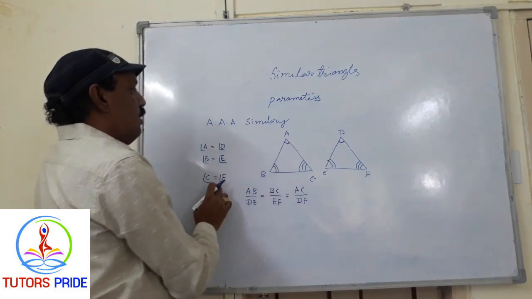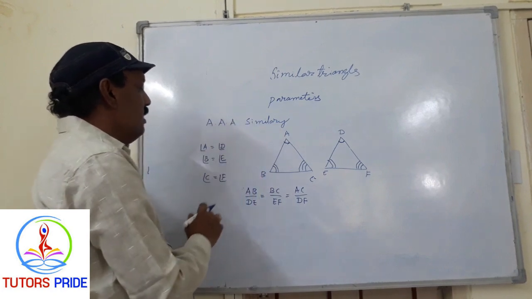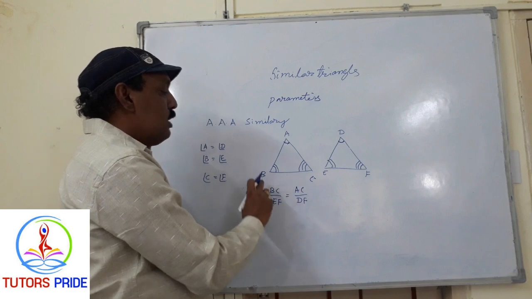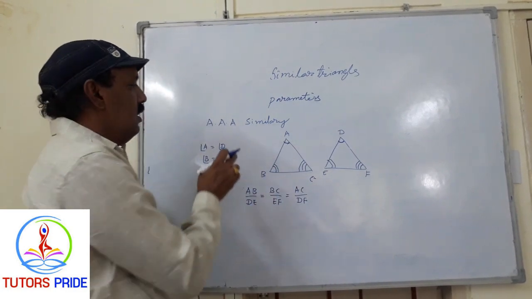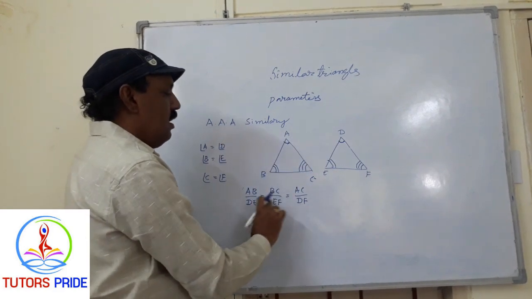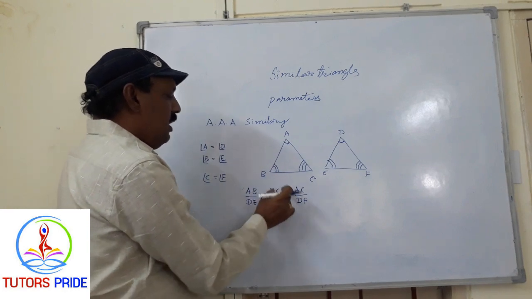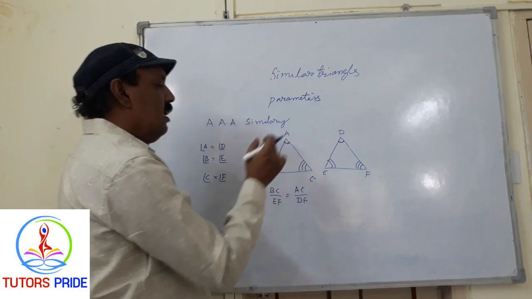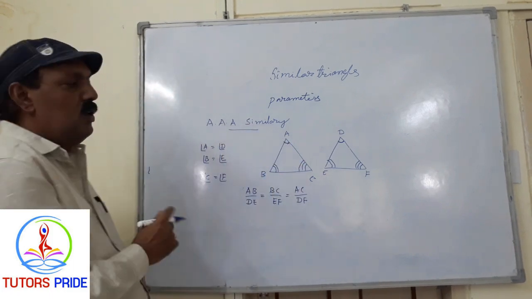So if in two triangles the corresponding angles are equal and the corresponding sides have the same ratio, AB by DE, BC by EF, AC by DF, then they are similar. This is the first parameter we are going to discuss.